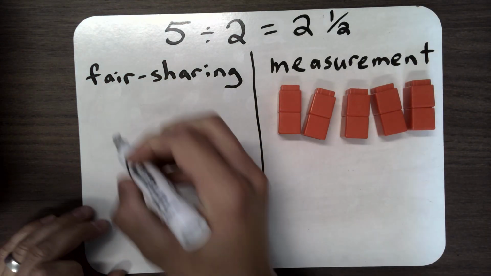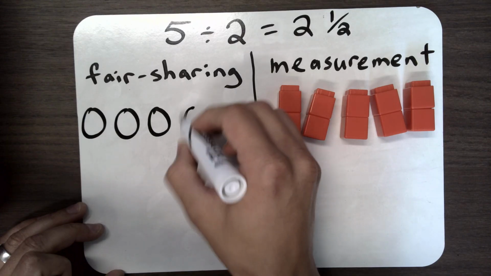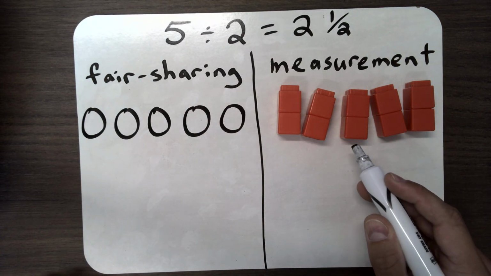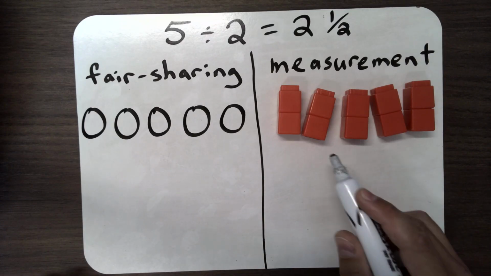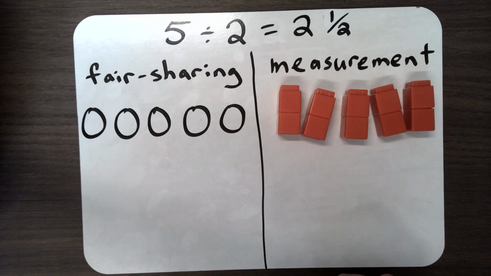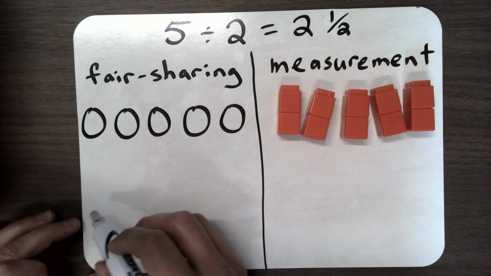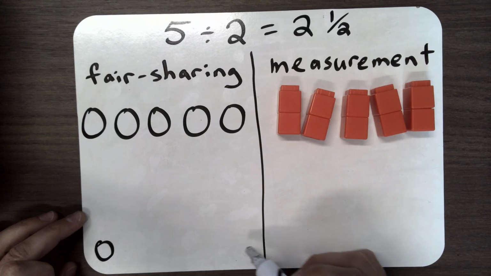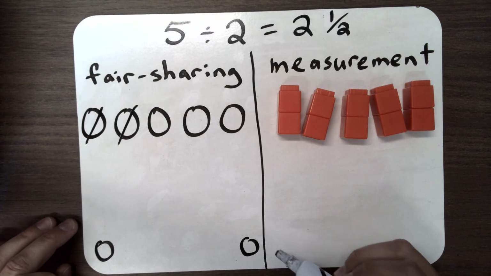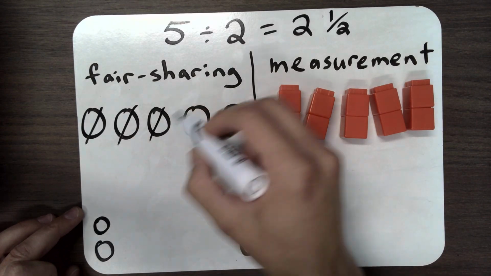I'll do a quick representational model. I'm just going to do circles here. With the connecting cubes, I used stacks of 2 so I could easily break it into halves. With the drawings, I'll use circles, because I can break a circle into half too. I'm going to move these down into these 2 groups. I put one circle in each, and keep track of that as I go along, and then a second circle in each.